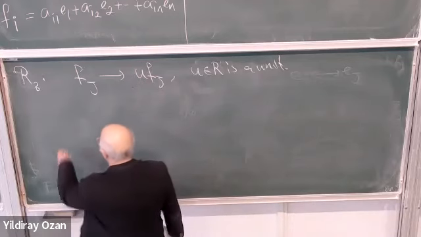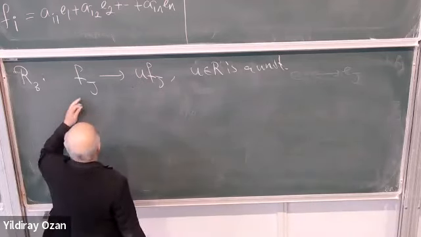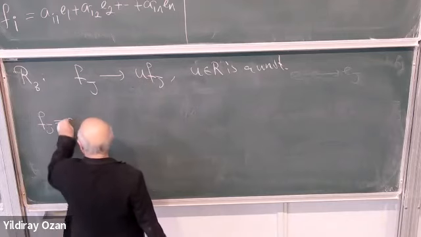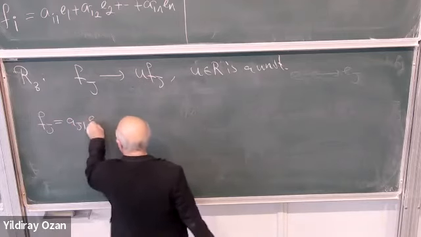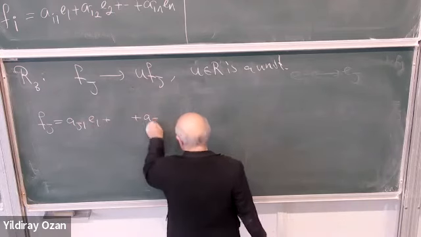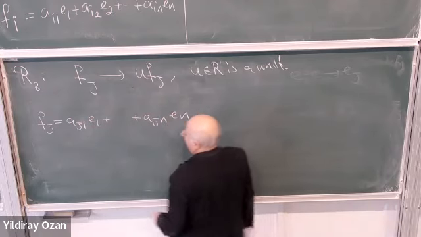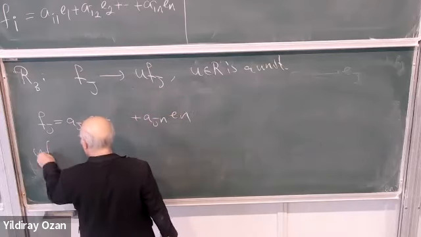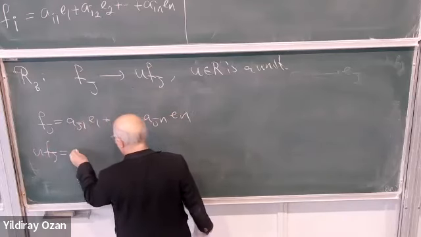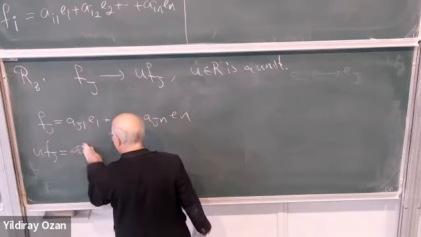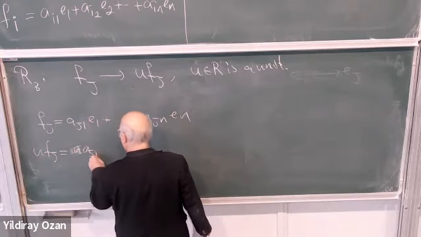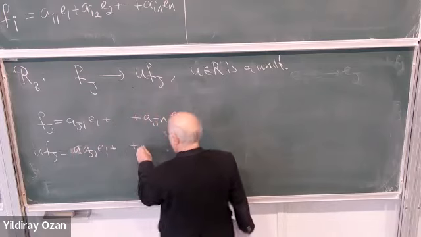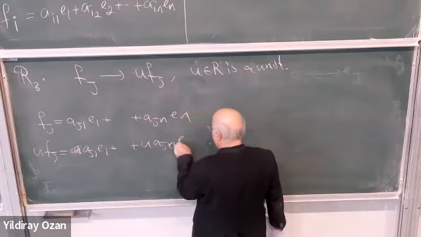Well, I had this A_j1, u1, A_j10, u10. I replace this basis element with this one, u times the jth element. Well, that corresponds to what? u times A_j1, u1, u times A_j10, u1.